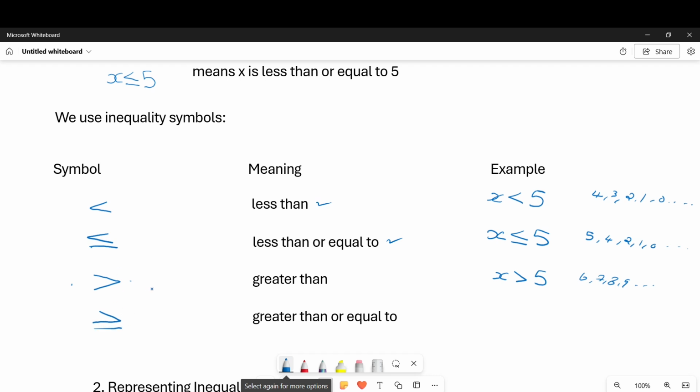Same as less than or equal to, it means all the values including that value. So x is greater than or equal to 5 means 5 is also included: 5, 6, 7, 8 until infinity. So keep in mind these four different symbols: less than, less than or equal to, greater than, greater than or equal to. These are the major differences. Keep in mind, we will use this in further computations.